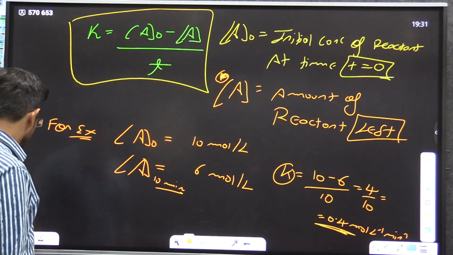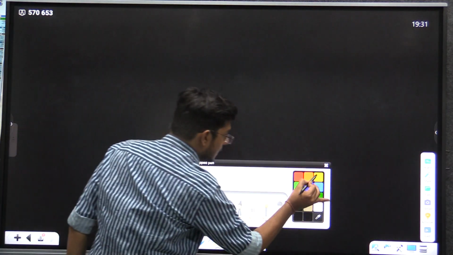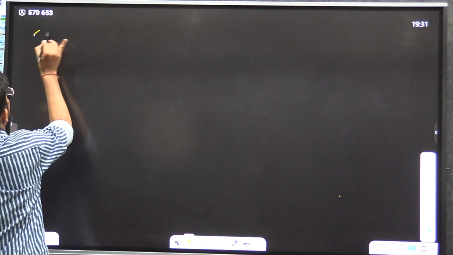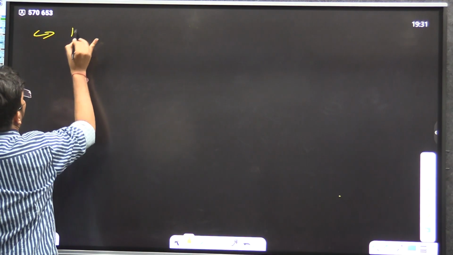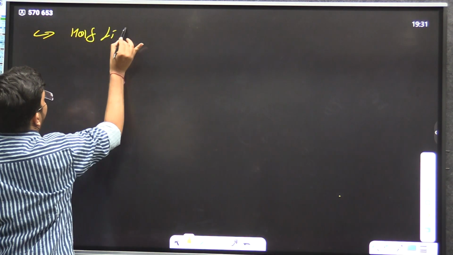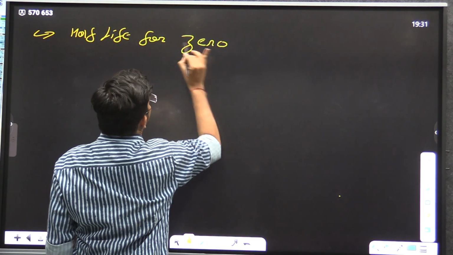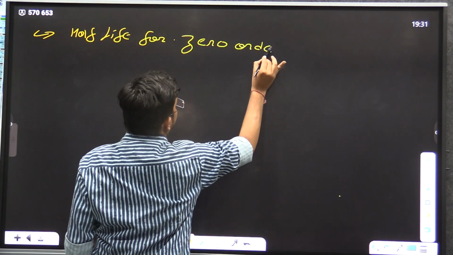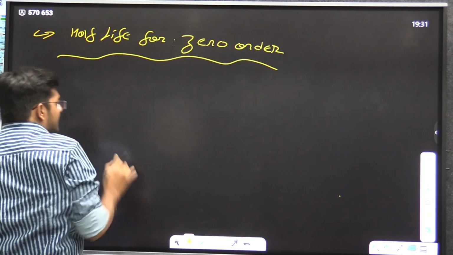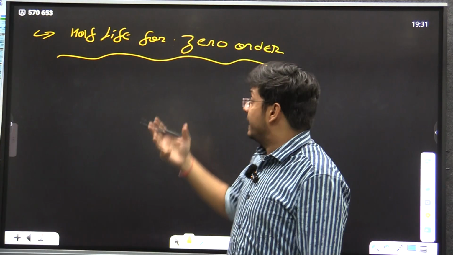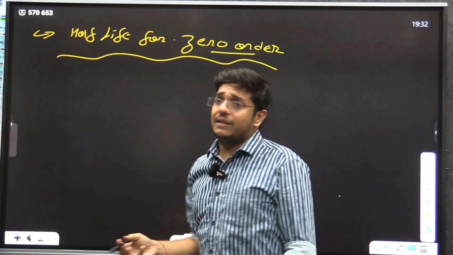Now, next, we need to calculate the half-life for zero order. First of all, before explaining the zero order half-life, what actually is the half-life?